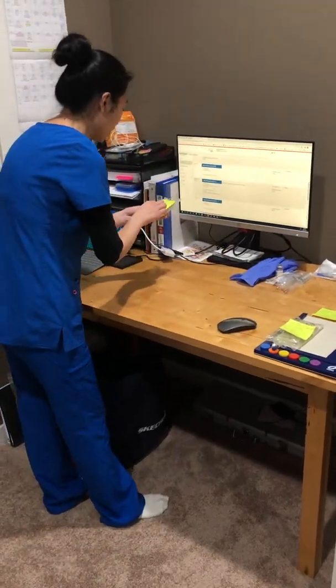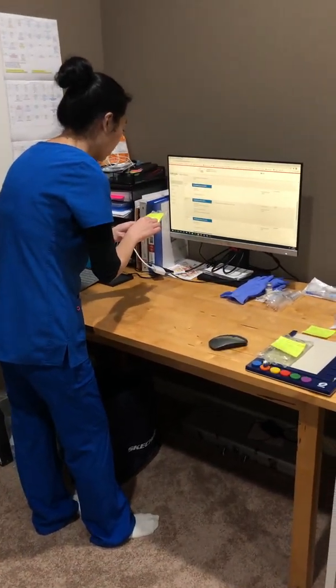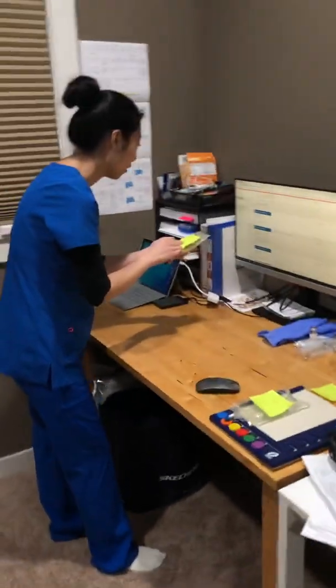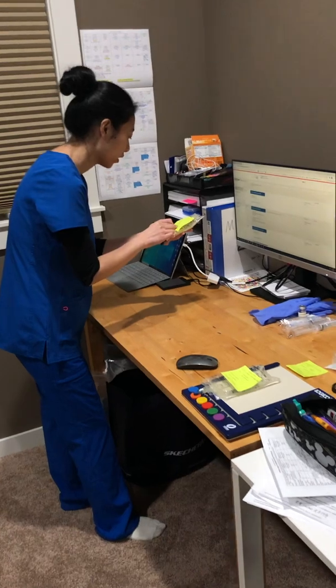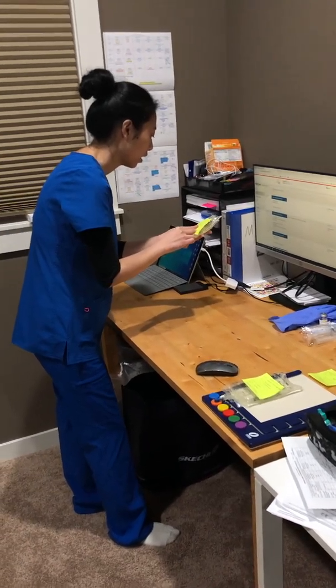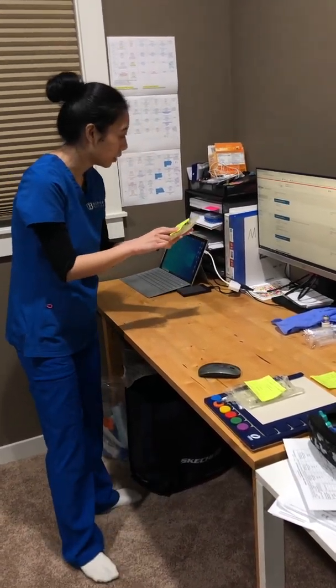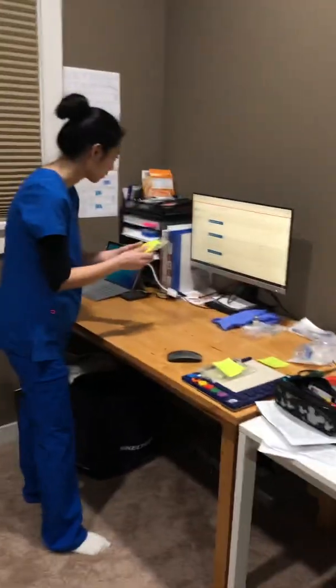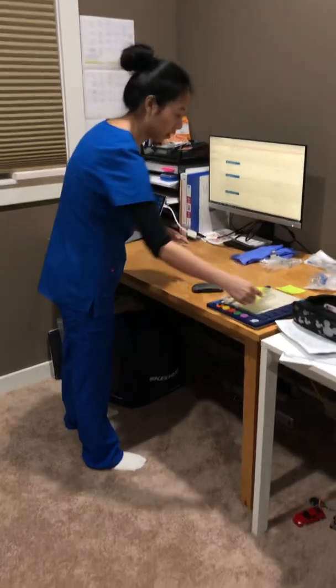Cefazolin 500 milligrams in 50 ml, IVPB, Serena Trapp, MRN, checked. And I calculate the medication is 34 drops per minute. This is the right one.